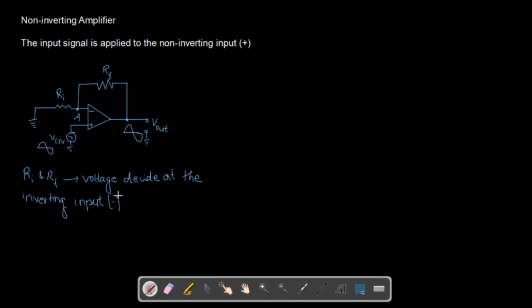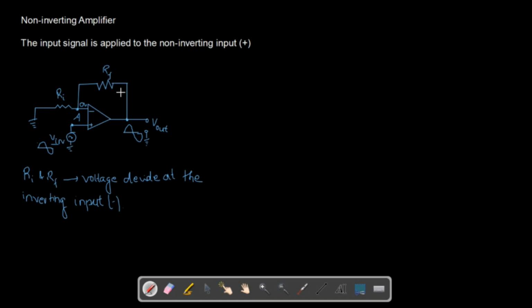So what happens is that when we talk about an amplified voltage, we are saying that the difference between these 2 points, that voltage is getting amplified, okay. So understand this, initially when there is no feedback, let's say I have 0 volts here and you have some voltage at this particular point. The difference between them would be nothing but V in. So V in is the input and that is getting amplified.